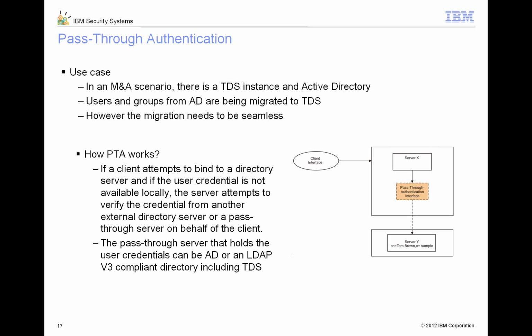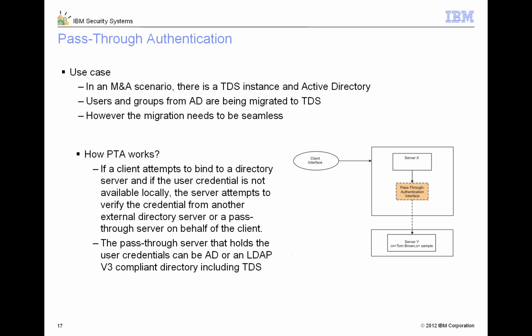You could have server X, which could be TDS, and server Y, which could be an Active Directory. The client application will communicate with server X. If server X does not have that data, it will first try to verify the credentials from its own data.